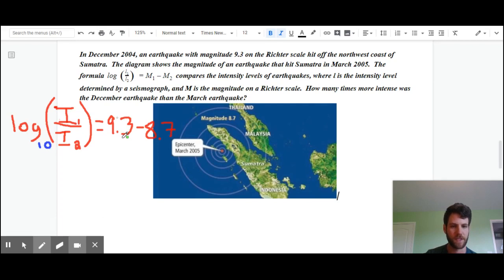We have this down here would be equal to 0.6. So we would have 10 to the power of 0.6 being equal to this fraction, I1 over I2.